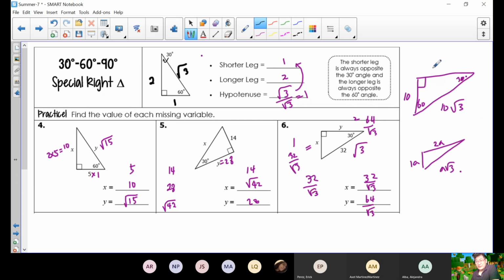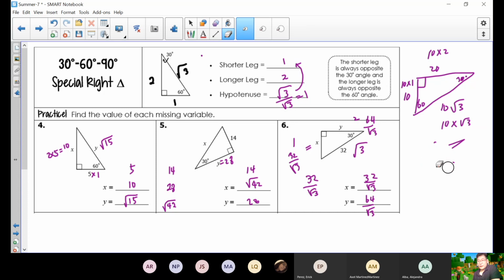And this is 20. 10, 20, 10 root 3. This is 10 times 1, 10 times 2, 10 times root 3, right? Confusing you? Yes, no.